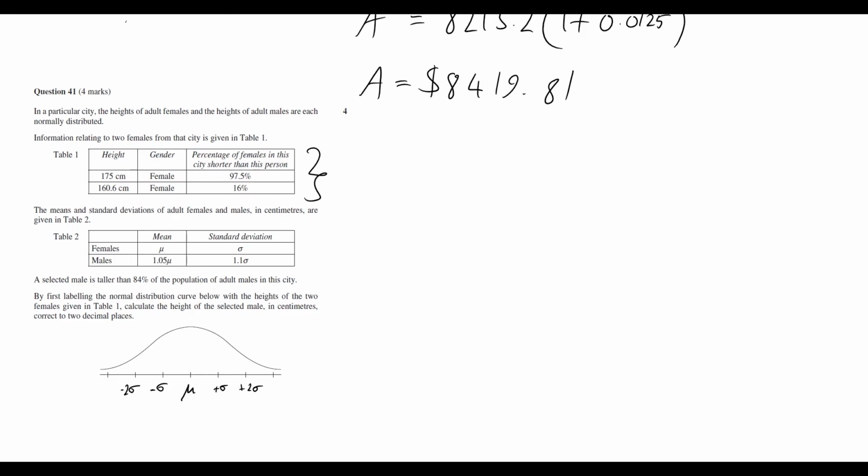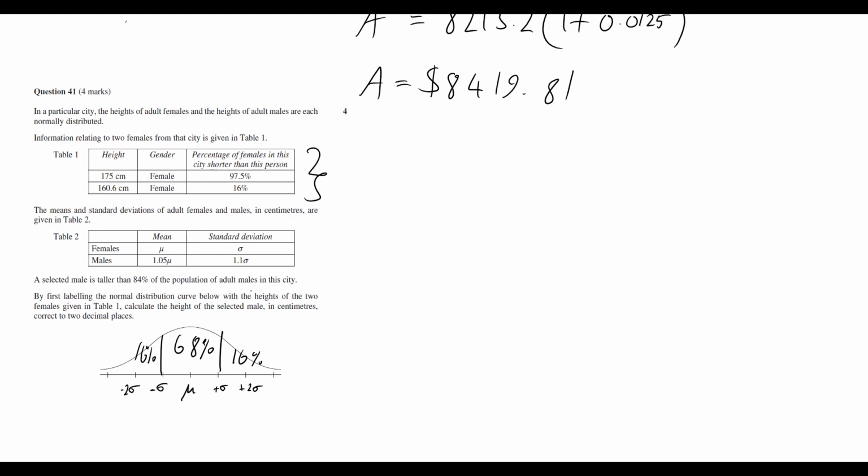That means there's 32% on the other 2 sections, but they're 2 different sections of the exact same size. So this must be 16% and this must also be 16%.